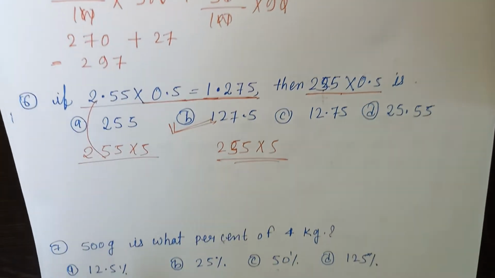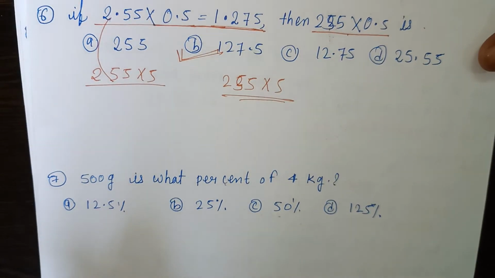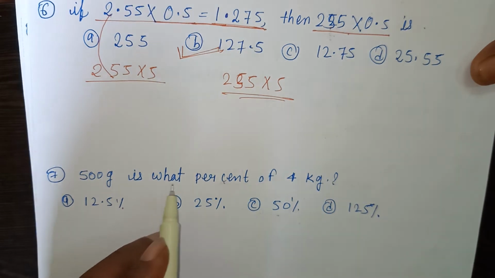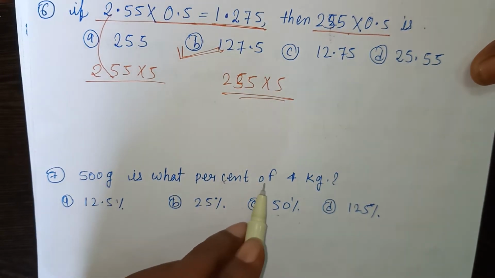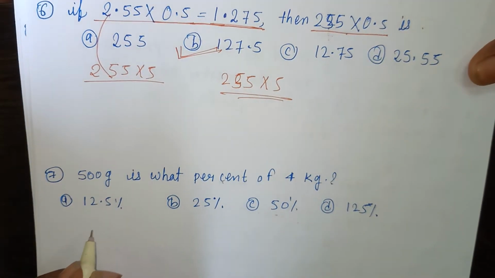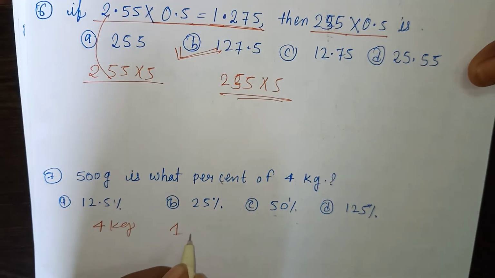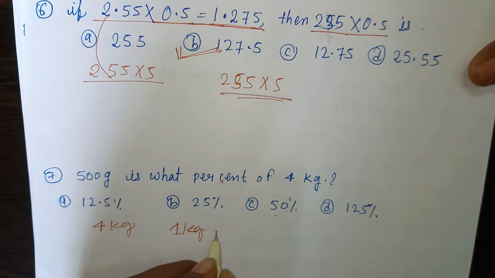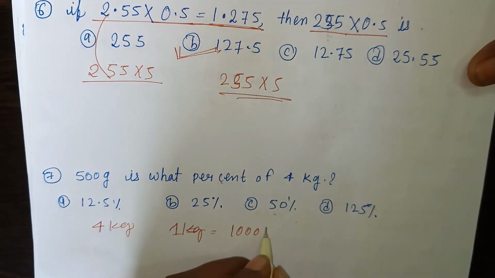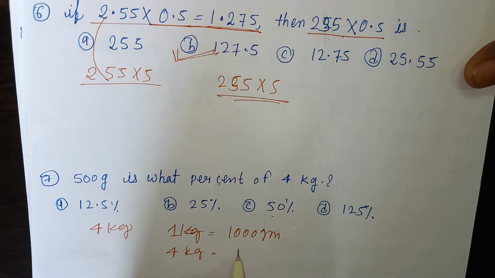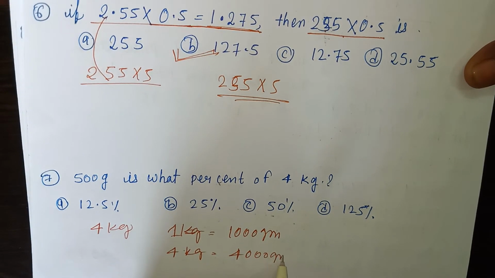Now this is a very important question for the coming exam. Question number 7, see very carefully: 500 gram is what percent of 4 kg? We know that 1 kg is equal to 1000 gram. So 4 kg is equal to 4000 gram.